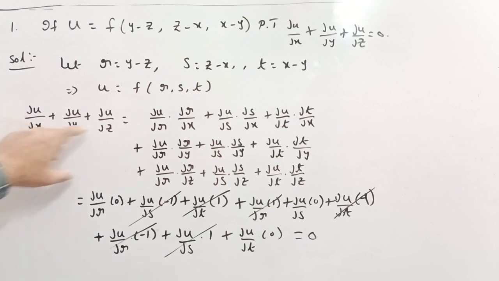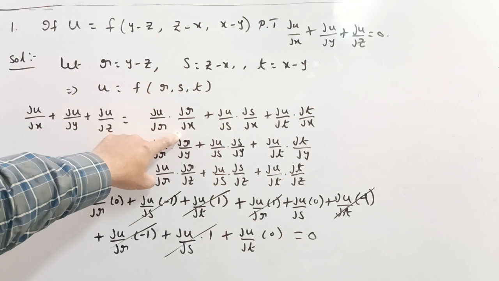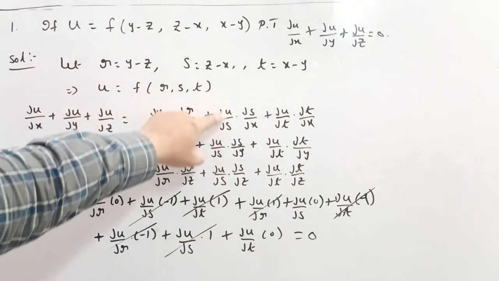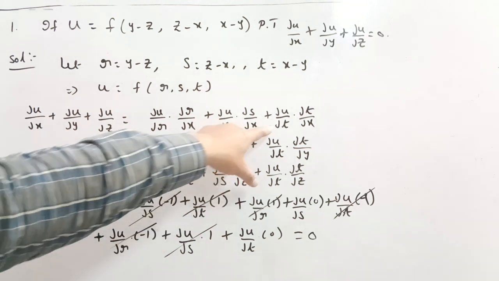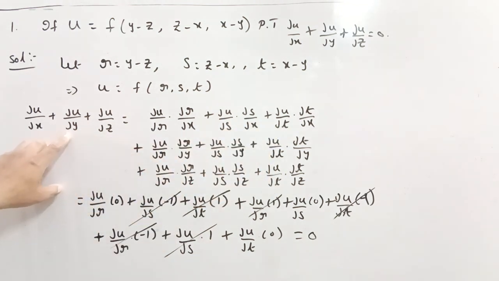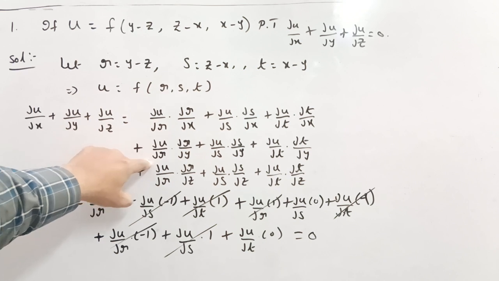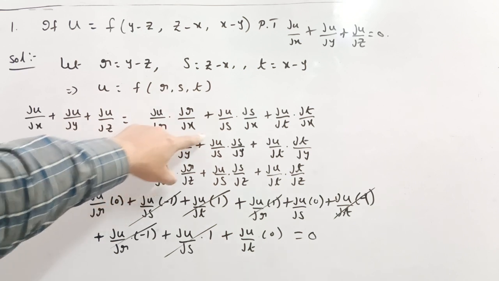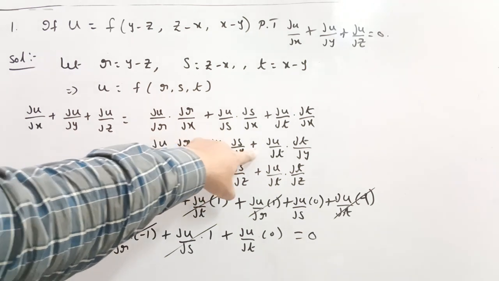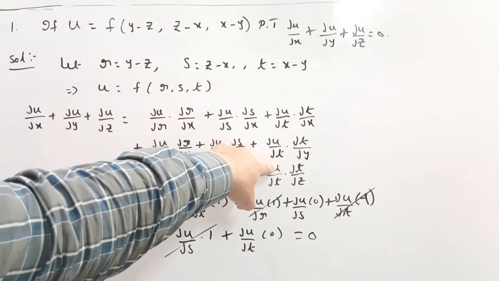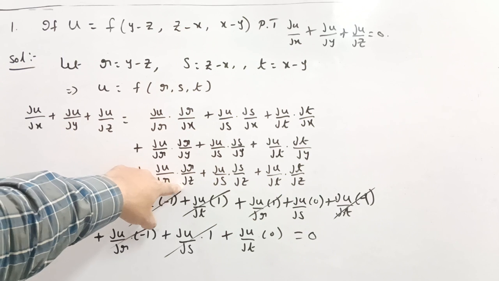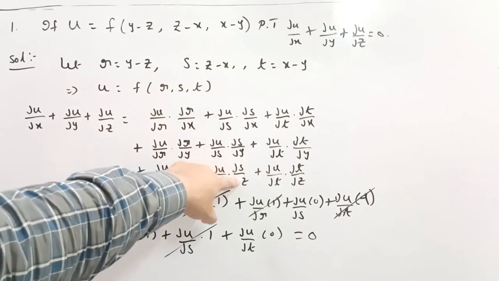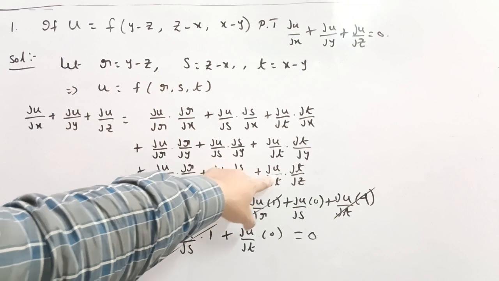So ∂u/∂x can be written as ∂u/∂r into ∂r/∂x, you have to differentiate r with respect to x, plus ∂u/∂s into ∂s/∂x plus ∂u/∂t into ∂t/∂x. Plus ∂u/∂y: ∂u/∂r into ∂r/∂y plus ∂u/∂s into ∂s/∂y plus ∂u/∂t into ∂t/∂y. Plus ∂u/∂z can be written as ∂u/∂r into ∂r/∂z plus ∂u/∂s into ∂s/∂z plus ∂u/∂t into ∂t/∂z.